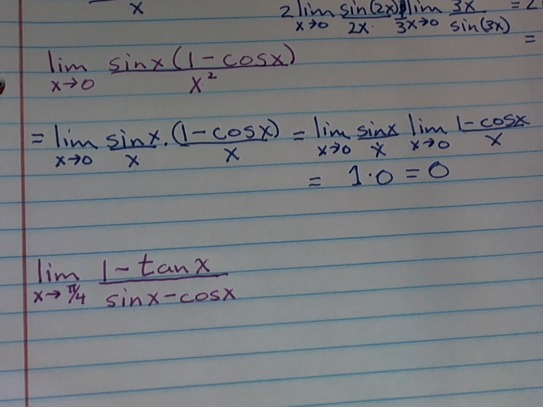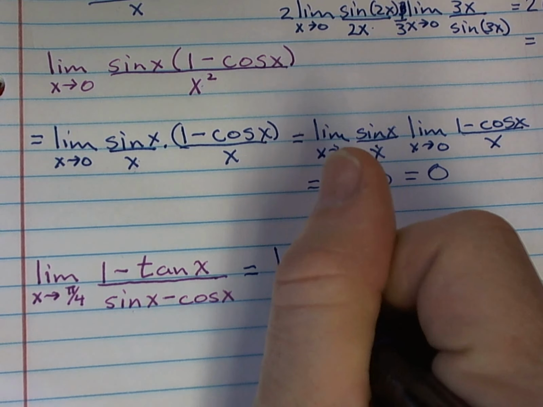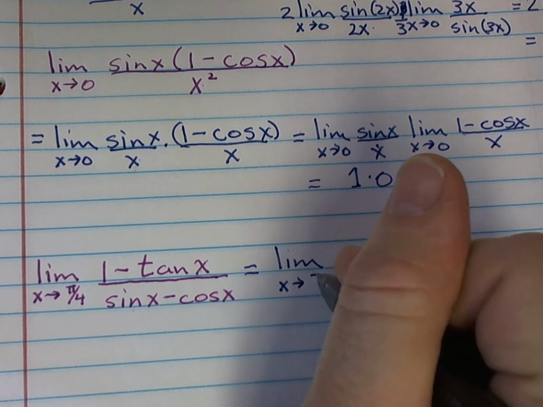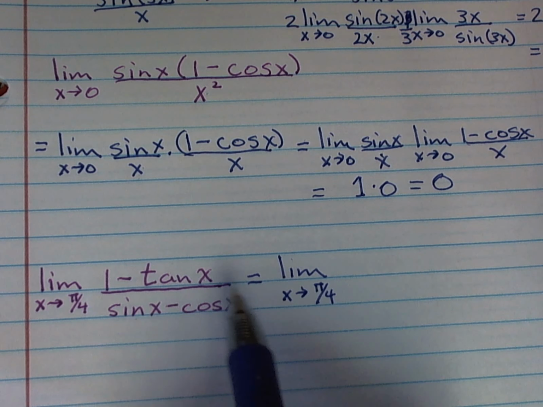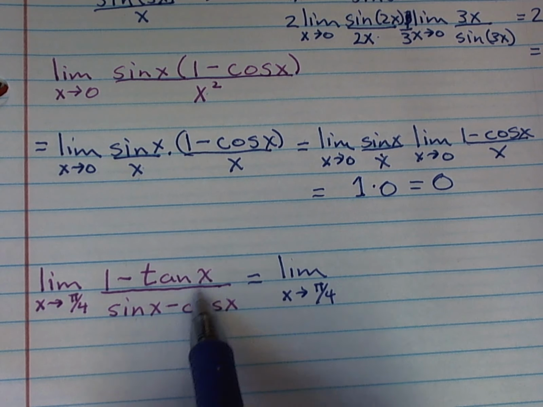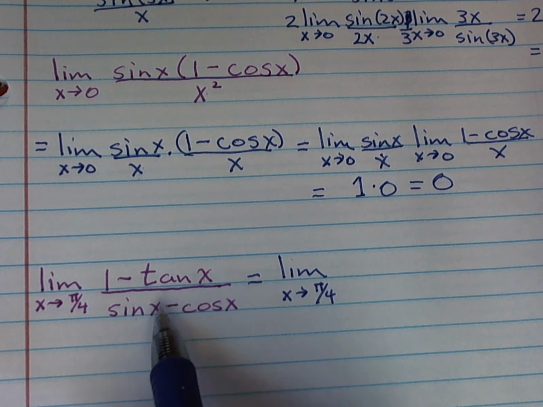But what about this? We don't just have those celebrity limits that can help us. We also have trig identities. And a lot of times, what we want to do is apply our trig identities in some way. Now, one common way to approach a trigonometric expression is to convert everything to sine and cosine that's not already there.